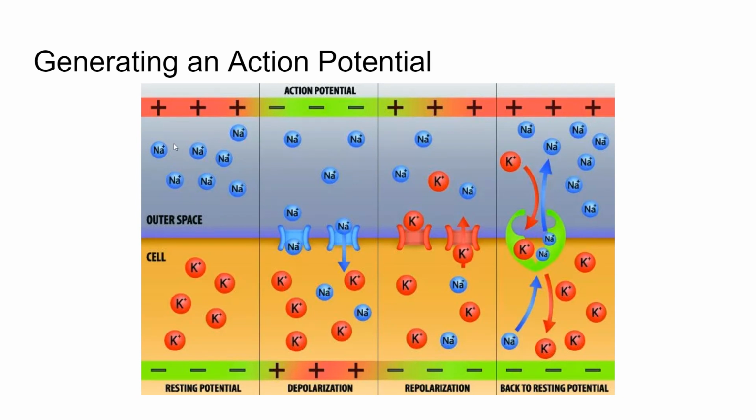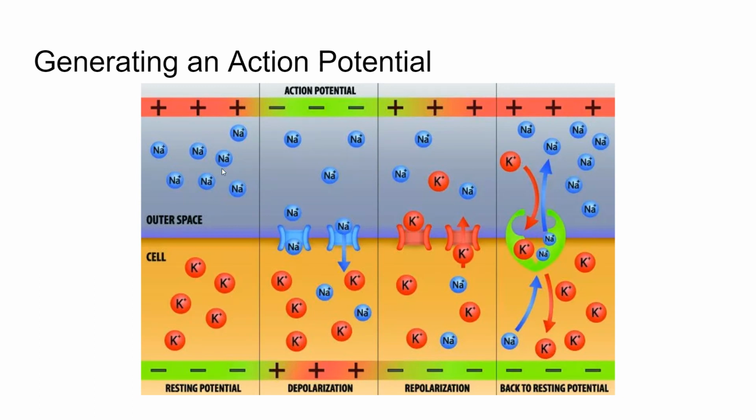If something triggers this nerve to where it is no longer able to keep those charges separated, that is called depolarization. It could be the nerve impulse traveling down the length of the nerve. It could be sensory input that triggers this nerve, but it depolarizes it. What does that mean? Well, the first thing that's going to happen is that sodium is going to rush into the cell.